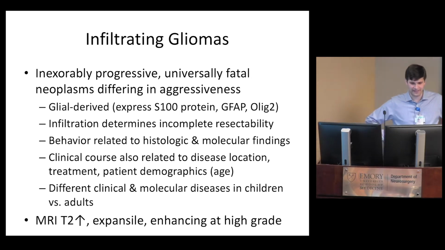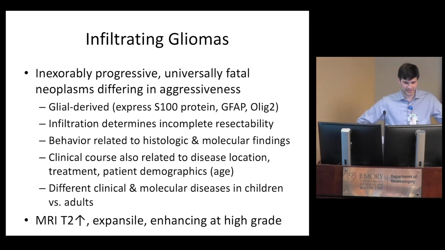Children obviously get infiltrating gliomas as well, and those can be devastating. It's interesting, particularly in the pediatric age group, you have a group of tumors that are genetically low-grade, poorly infiltrating tumors that do infiltrate and may behave a little differently than the infiltrating gliomas that we talk about in adults.